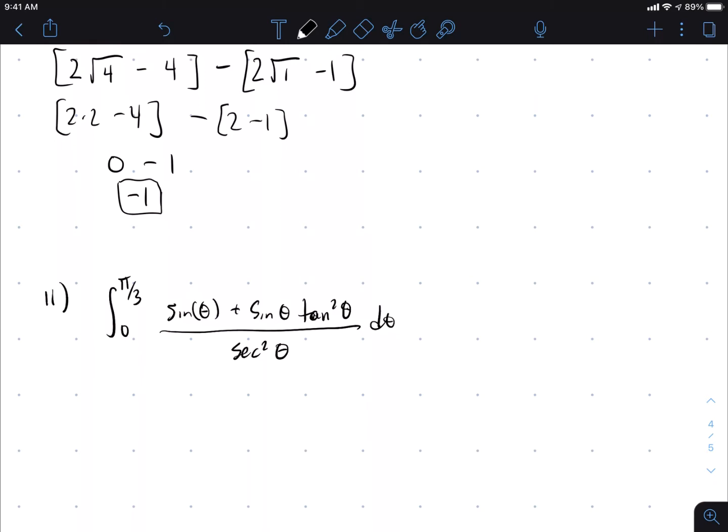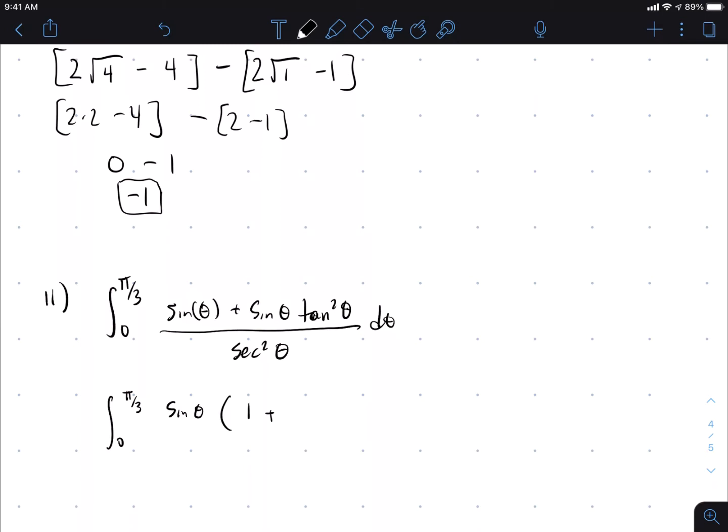I'll even post up these notes so you guys can have the notes of it worked out. What is something I can do? Pull out a sine theta. Awesome. I don't know if this is going to take us anywhere, but you're telling me, let's do it.